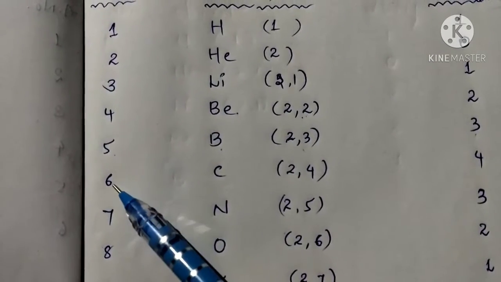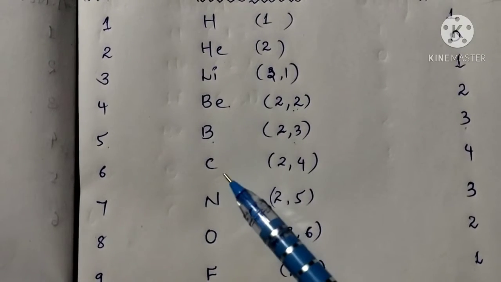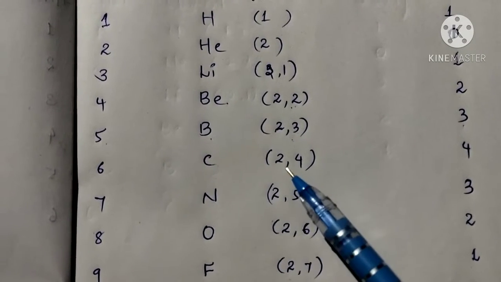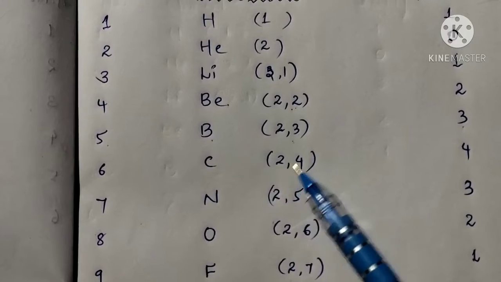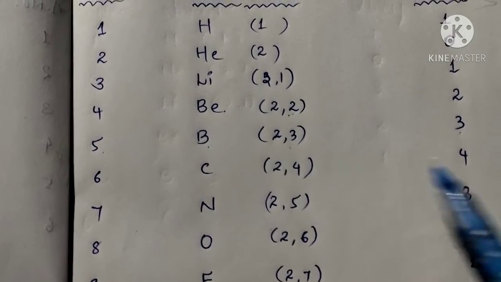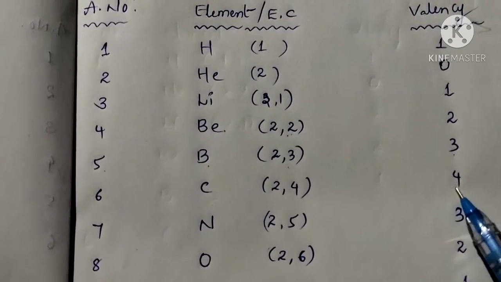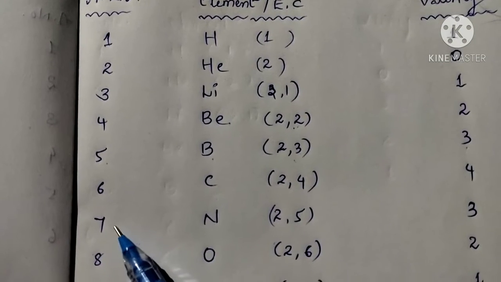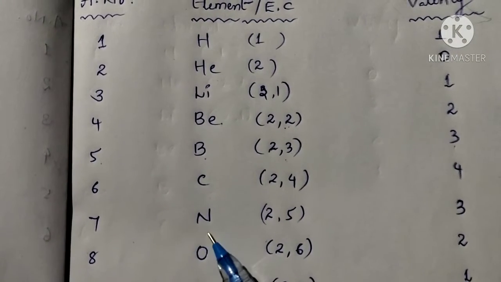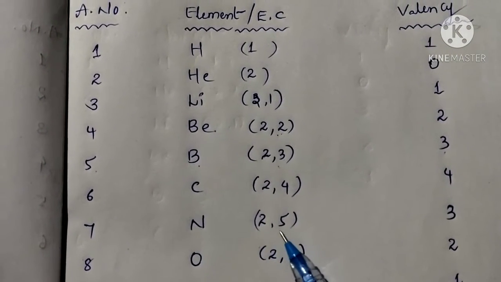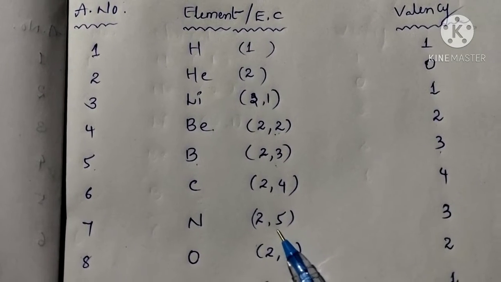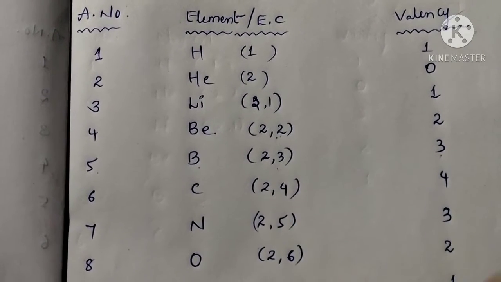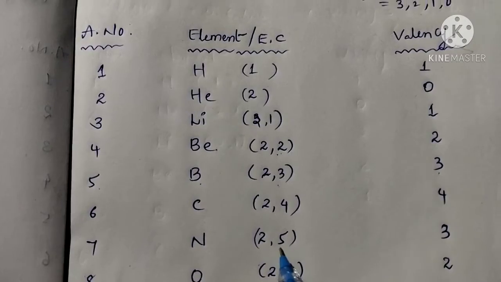Next, atomic number 6, that is carbon. Configuration is 2, 4. Valence electrons 4, then valency is 4. Now the 7th element is nitrogen. Configuration is 2, 5, so valence electrons are 5.